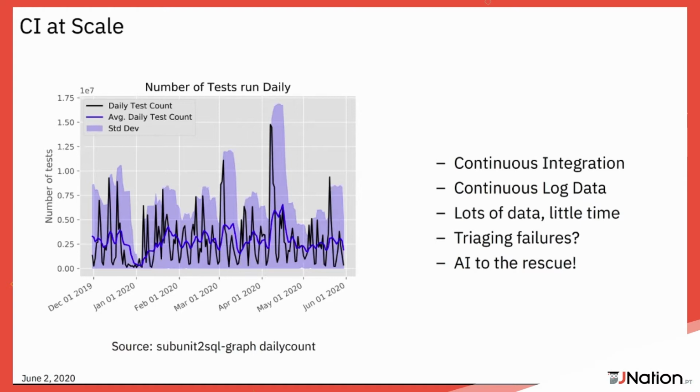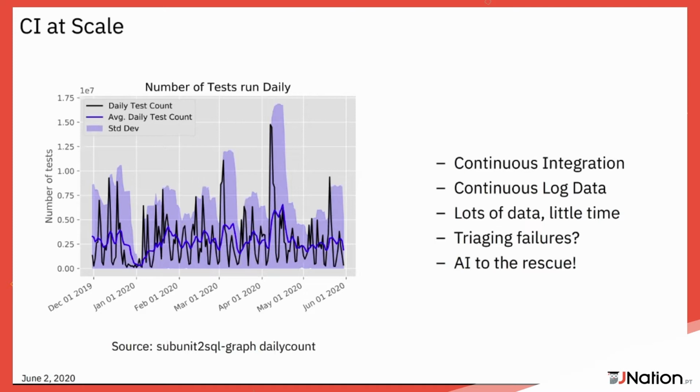A CI job is made of several tests which are executed to verify that things are fine in the change that has been proposed. If you look at the numbers for the open source project we're working on, this is on the ordinate, it's actually tens of millions of tests executed daily.